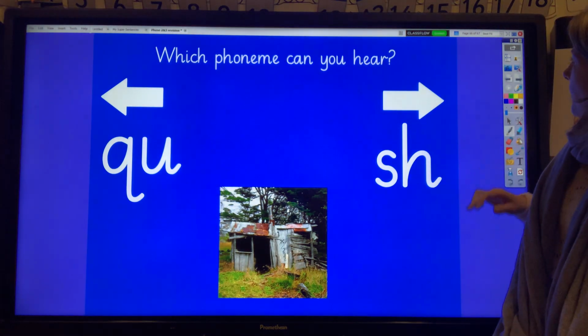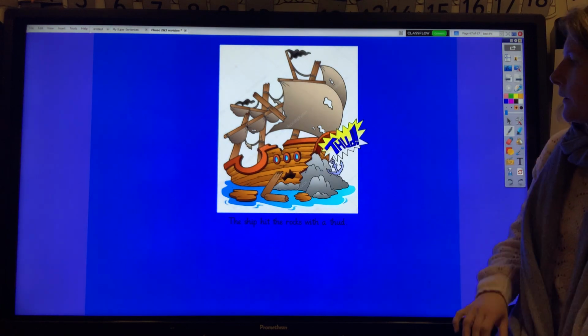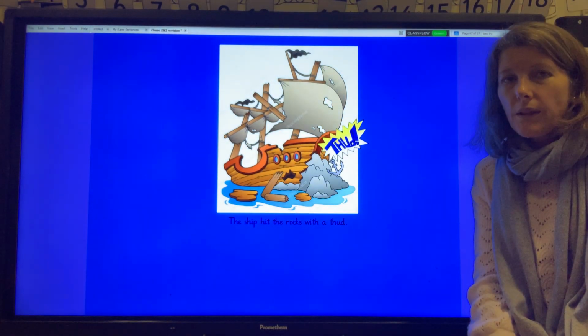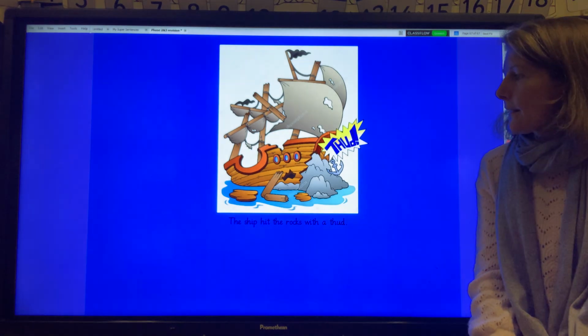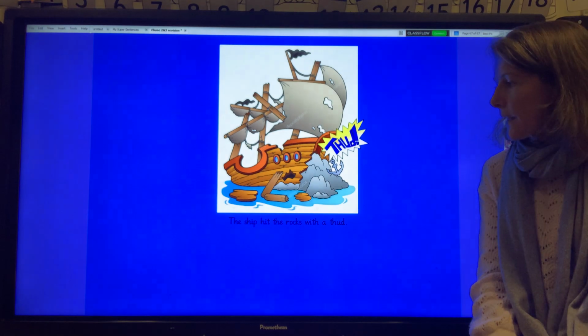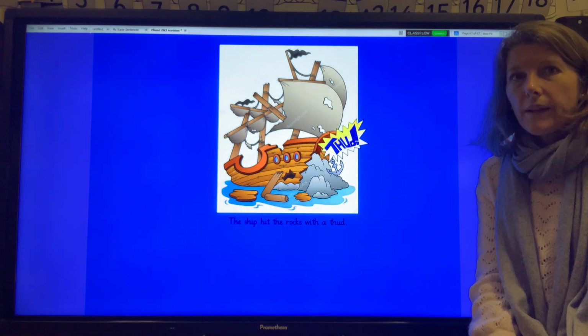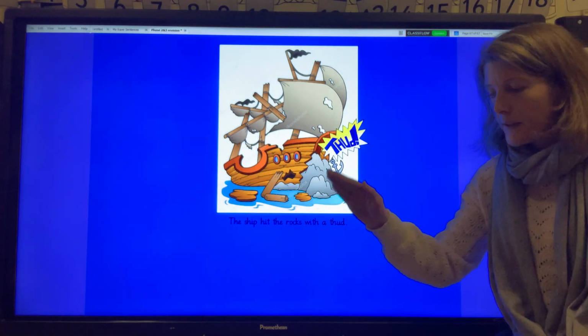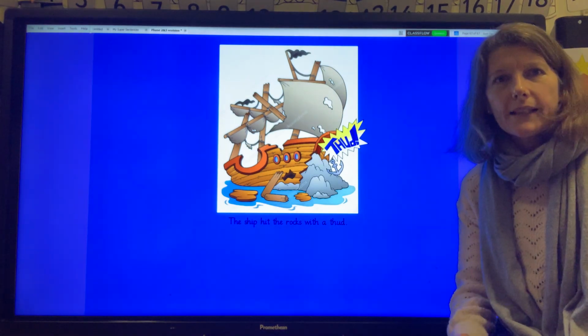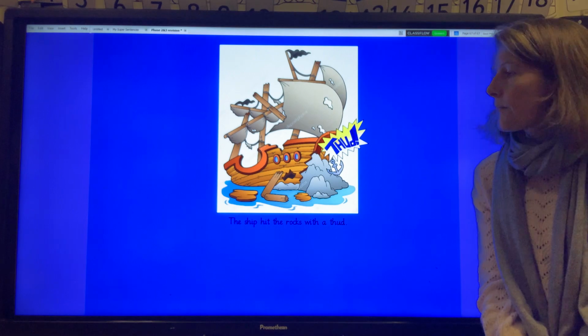Fantastic. Well done. Okay, we have got one more thing to do, which is to write our sentence for today. And this sentence says, the ship hit the rocks with a thud. So a thud is like a big bang, a dense sound, thud.